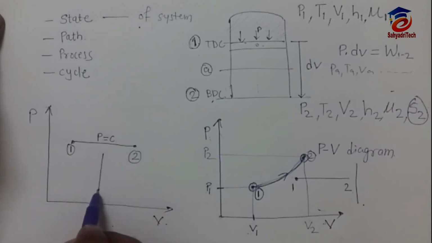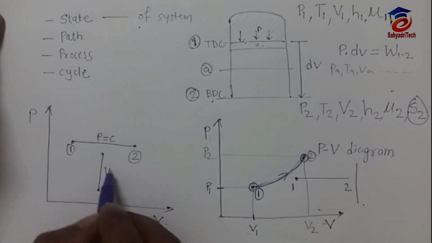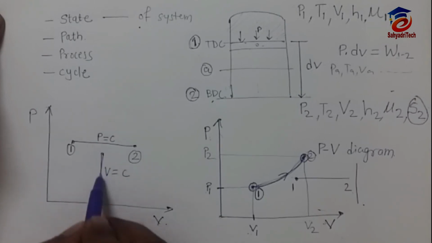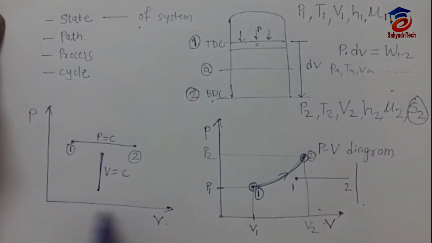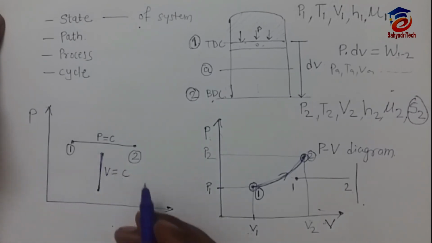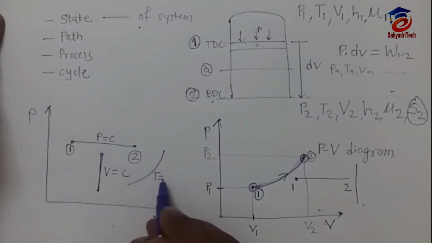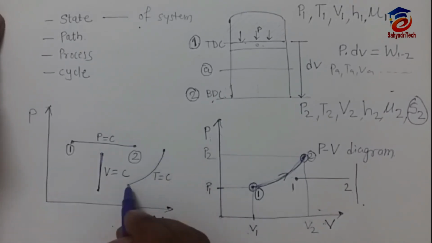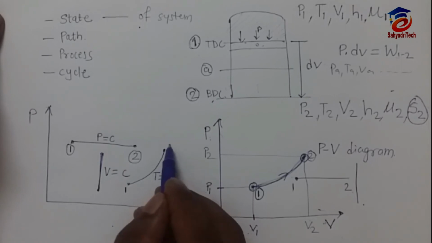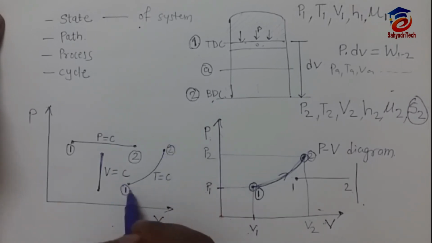During this process you can see the volume is constant. It is vertical, perpendicular to the V axis or parallel to the P axis. When the nature is known, it is a constant volume process. Or suppose the temperature is constant, it means an isothermal process.